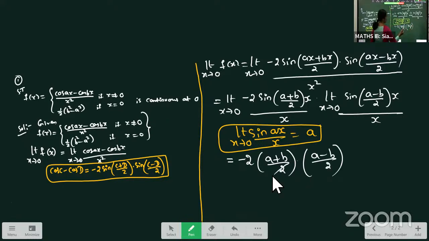Here 2 and 2 get cancelled. Minus as it is, (a plus b) into (a minus b), a square minus b square by 2. If you take minus inside, first b square will come: b square minus a square by 2.